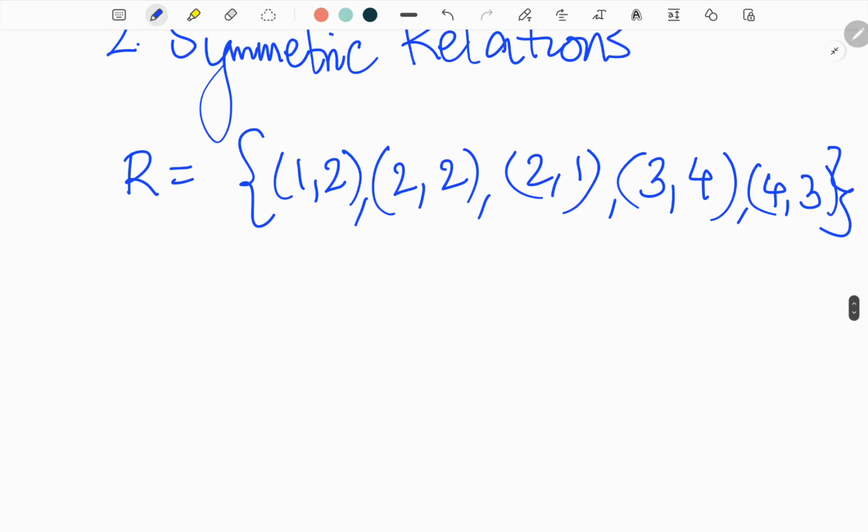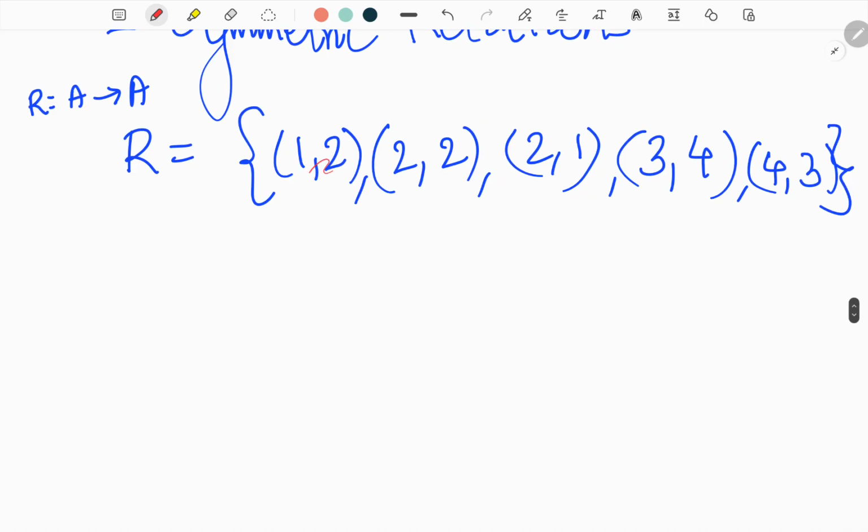Let's say this relation is from A to A, and the set A is remaining the same as the previous case. Now, when I say symmetric, it means if there is a particular ordered pair, the opposite, or the y value and the x value interchanged, that particular ordered pair should also be present in the relation if it is symmetric.